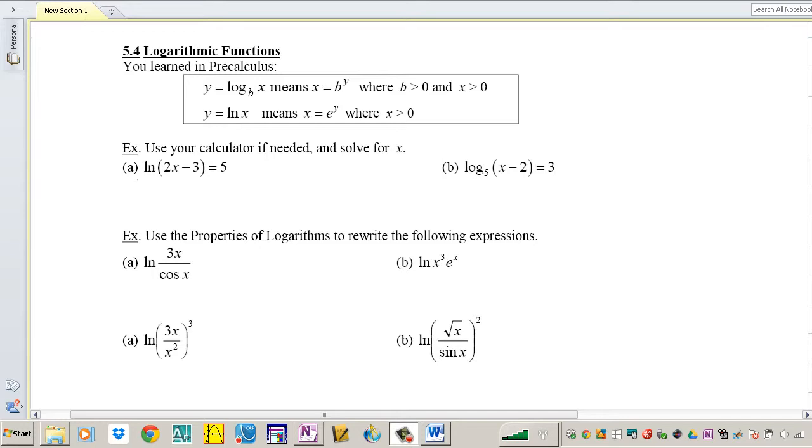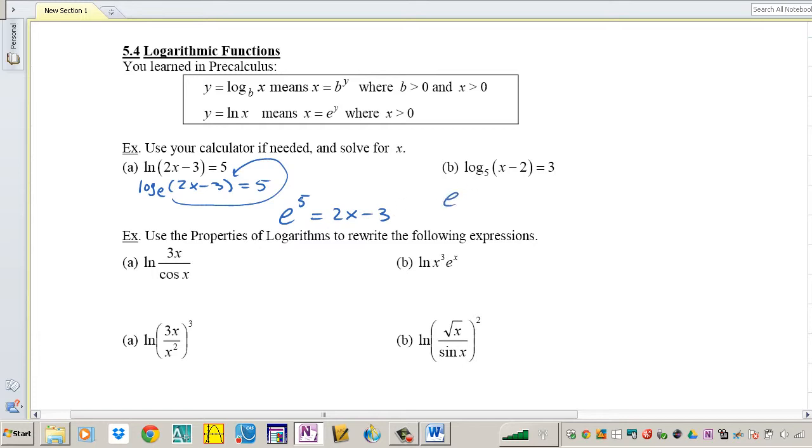Now, let's take a look at letter A. We said that ln, which is the same thing as log base e, of 2x minus 3 is equal to 5. Now, if we want to solve this logarithmic equation, we can use the exponential form to help us solve, and that is e to the 5 is equal to 2x minus 3.